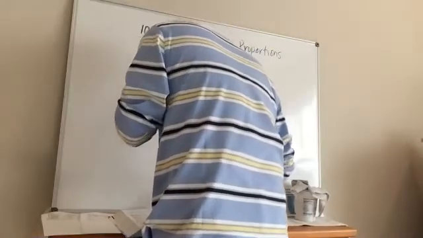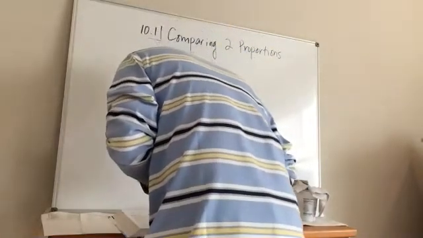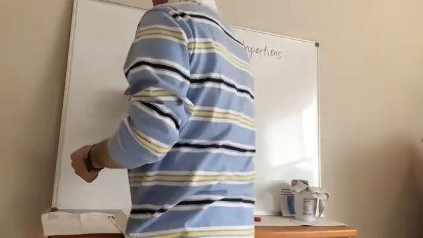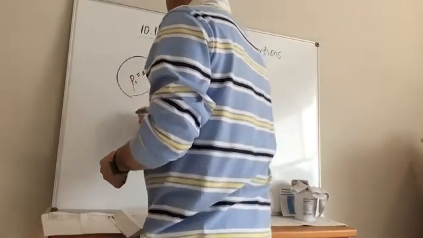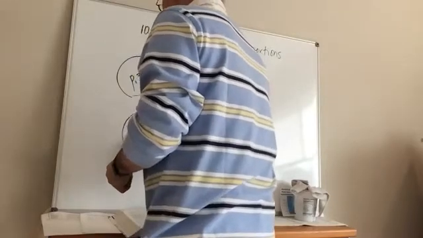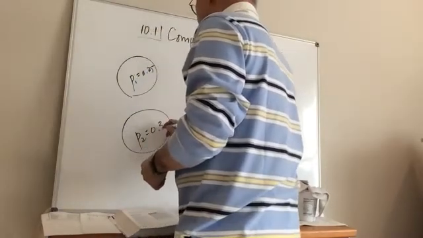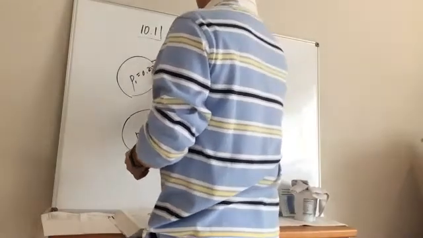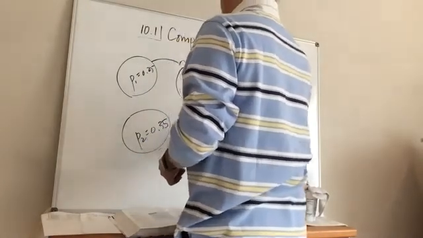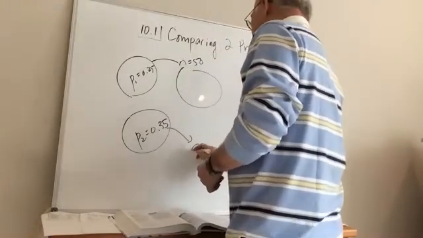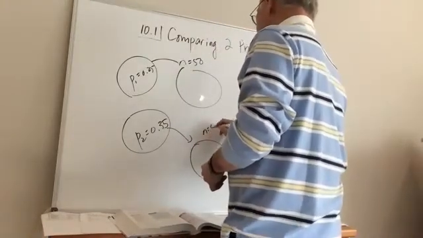Okay, so bag 1, P1 is equal to 25%. Bag 2 is 0.35. We're going to take a random sample here where n equals 50. I'm going to take a random sample here of n equals 40.